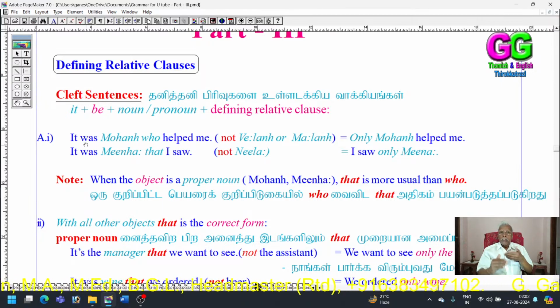But that is more used than who. Even though the subject is a proper noun, there we can use either who or that, the pronouns. But that is mostly used.